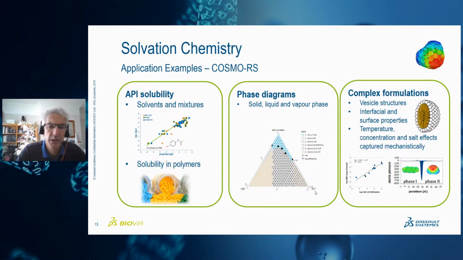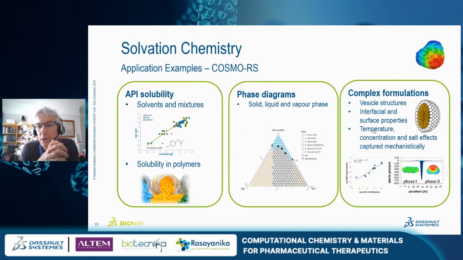That's really a key physical characteristic that the chemist needs in order to develop the drug. And it's not just in solvents, you can also do it in polymers. You can look at phase diagrams, and more recently, some work was done with the tools to look also at drug delivery and interfaces.